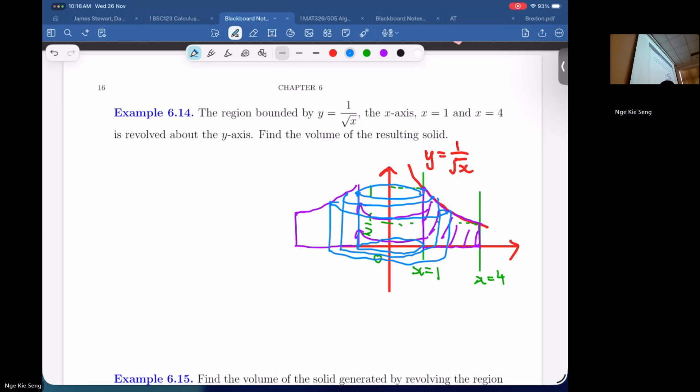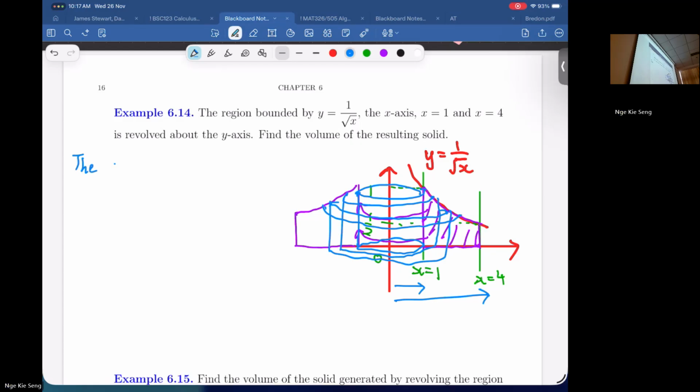Imagine the cylinder here, and this cylinder has radius from x equals 1 up to x equals 4. Like this, we can use the shell method.